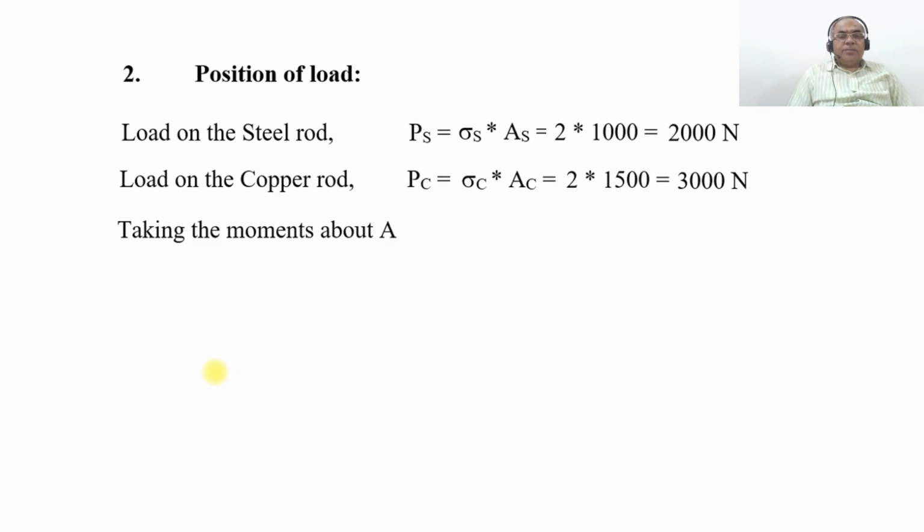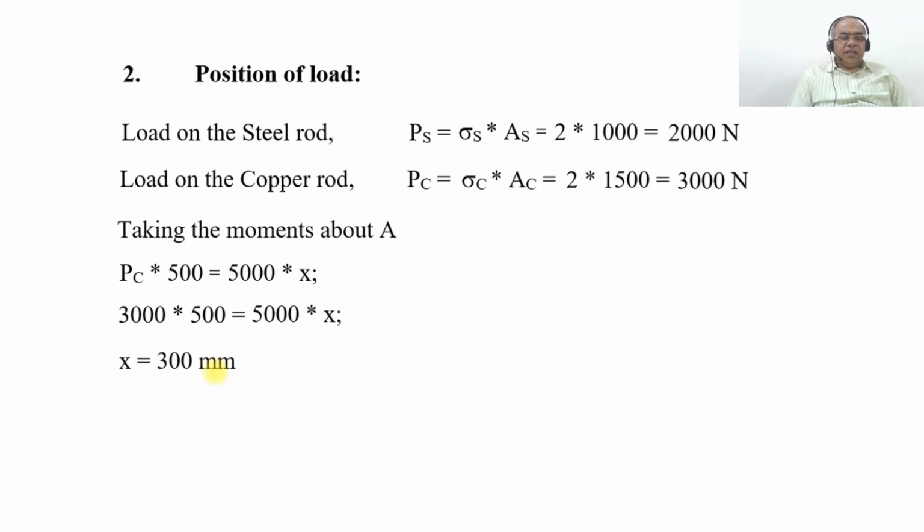Taking moments about the point A, PC, which is acting upwards, into 500 will be equal to 5000 into X. We know the value of PC, which is 3000, so 3000 into 500 is equal to 5000 into X. Therefore, X is equal to 300 mm from the left support.